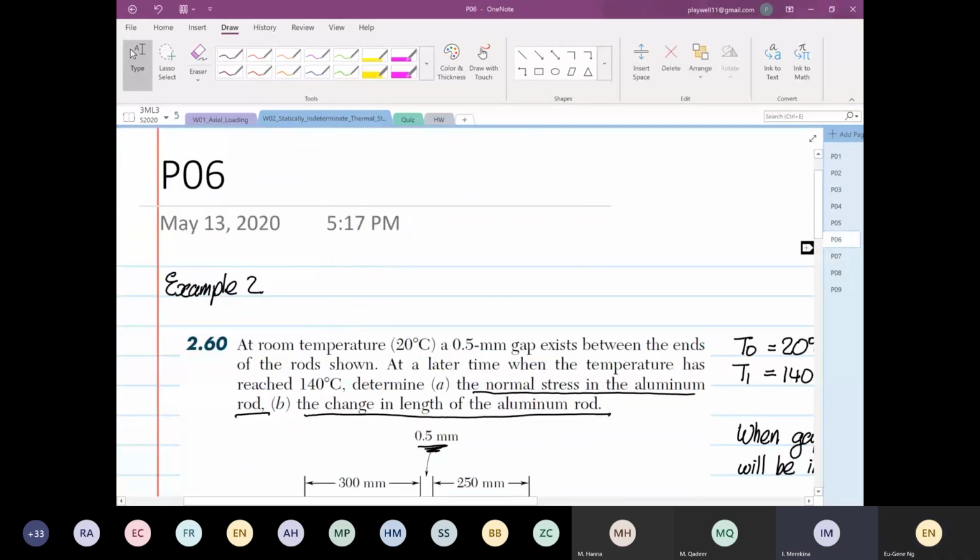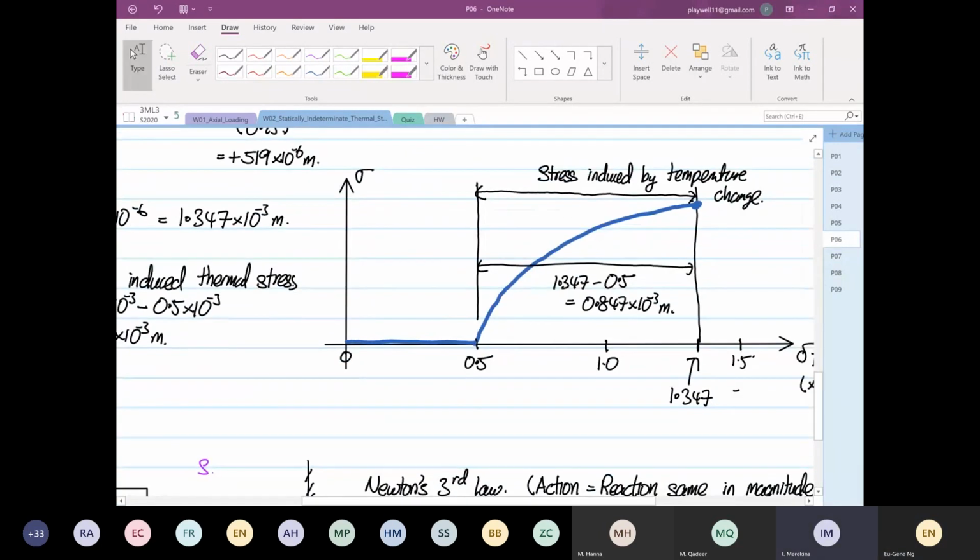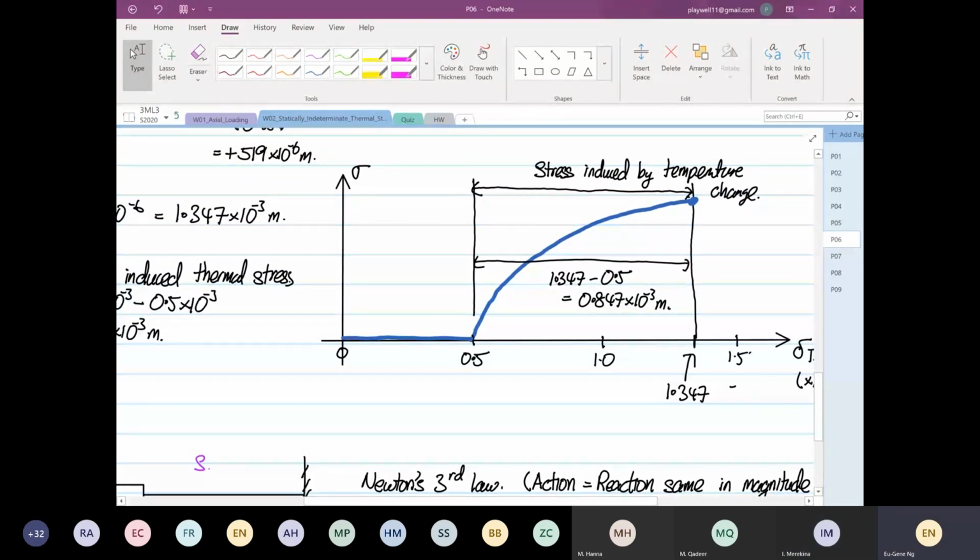If you go a couple of pages back, this is our delta T. What this is trying to show you is that only at this distance do you see a stress. From here to 0.5, no stress at all. This is because there's a gap.